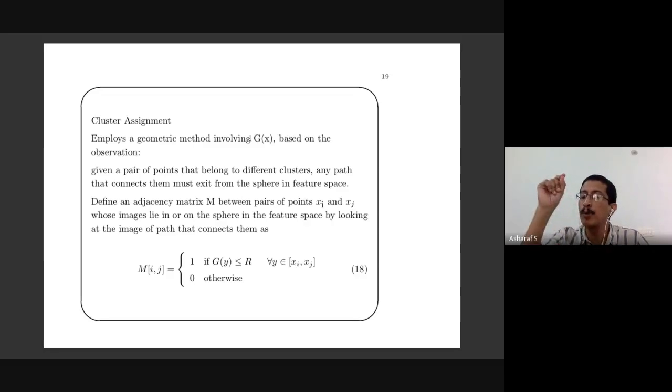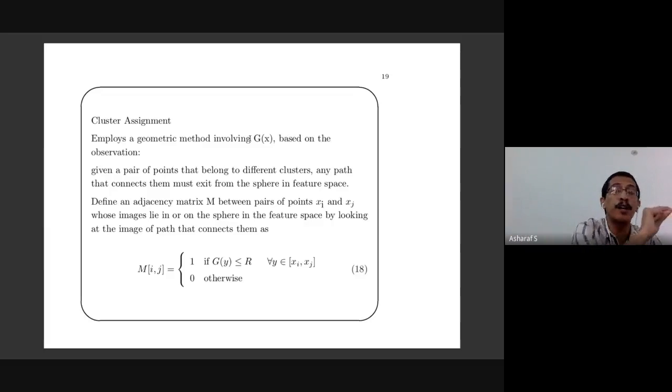And what is this boundary? This boundary in the feature space MEB essentially defines the contours enclosing the clusters.